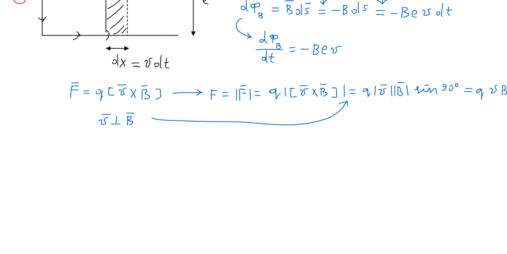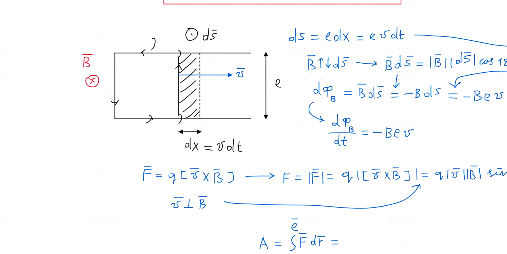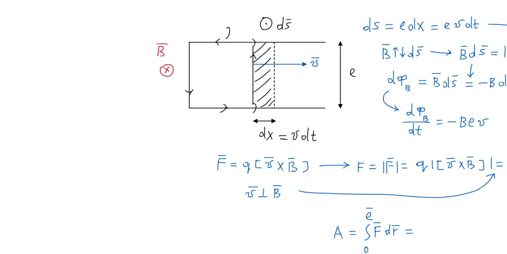This work will be A is equal to the linear integral from 0 to L of F dr. According to the picture, we know that because of induction current, electric charge will move from down to up, and it means that, as we can see, the direction of Lorentz force is here, and vector dr has the same direction.